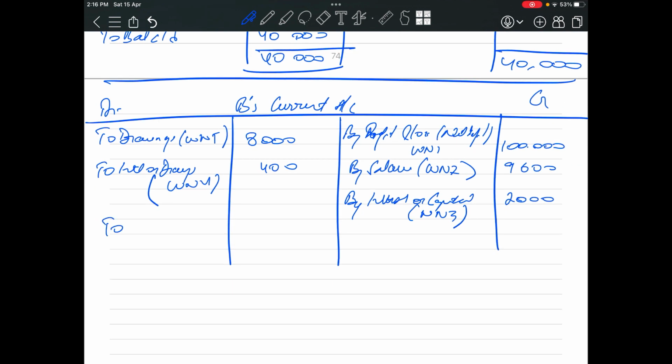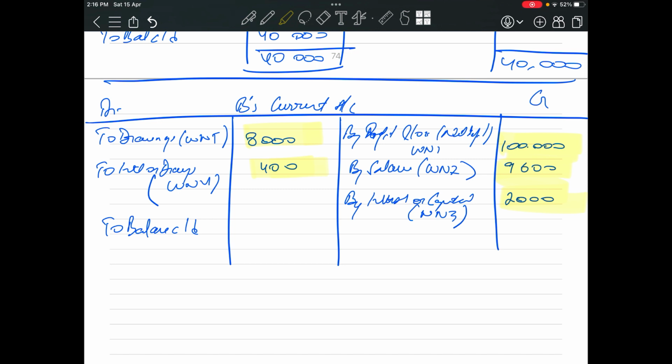So we will find out the balance. To balance C/D, what will be the balance amount? This is the profit side. You will add all this: 1 lakh plus 9,600 plus 2,000, and you will reduce this, 8,000 minus 400.